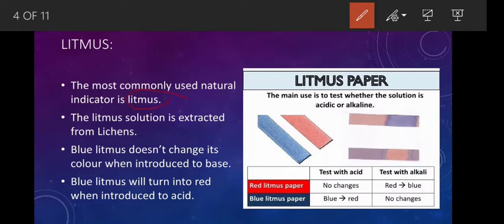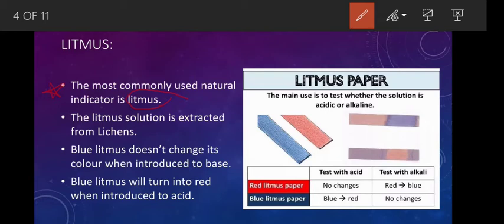The most commonly used natural indicator is litmus. It is used in every reaction which we do in the lab. When you grow up, you will find that it is used in every reaction in the lab. Okay. Now what does litmus do?